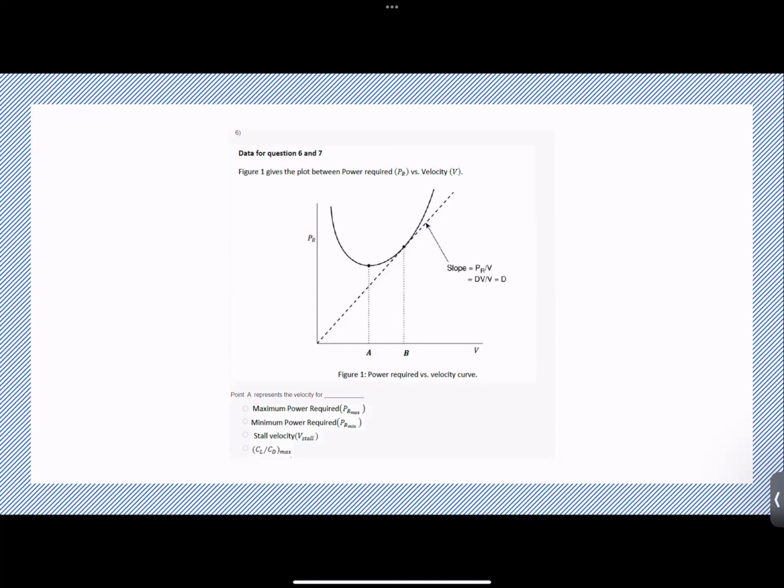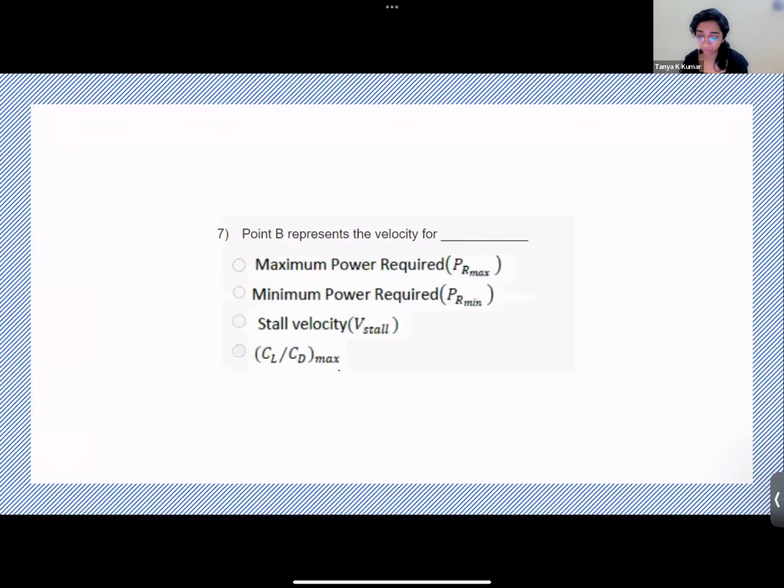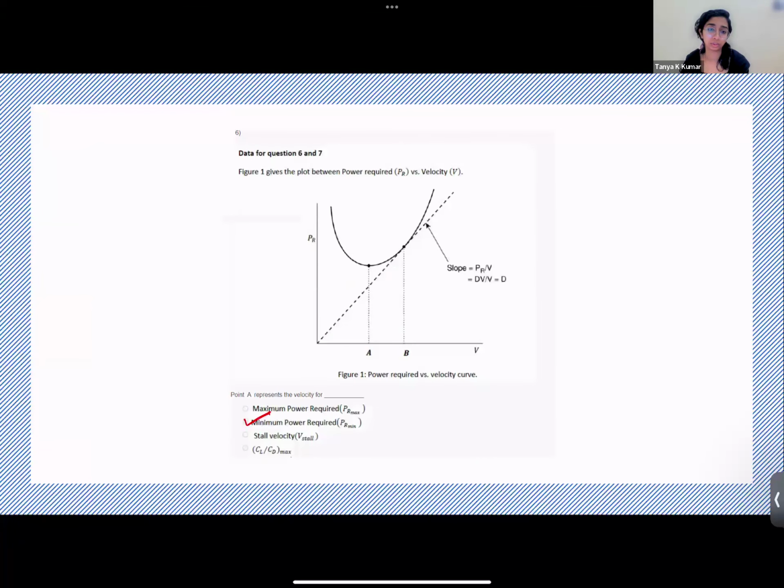Minimum power required. Exactly. So next question, what does point B represent? Look at the graph. Think about it. They have given you a hint in this. Using that, can you tell me what does point B represent?